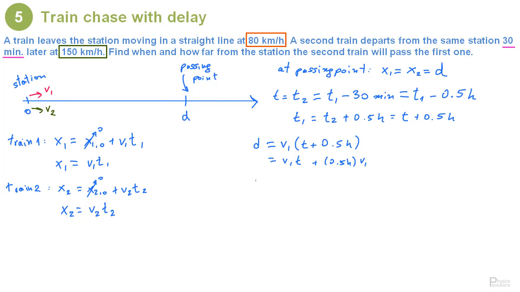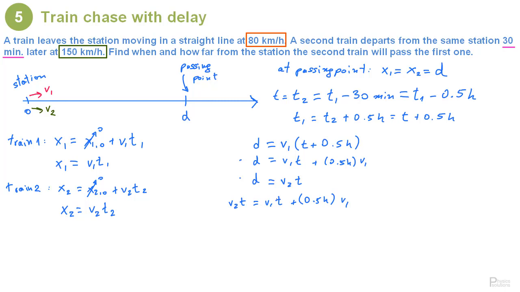From the equation of the second train, we have that the position, or the coordinate, d, is v2 times t. So from the first equation and from the second equation, we take the right hand side and set them equal. So we can write v2 times t is the same as v1 times t plus half an hour times v1.